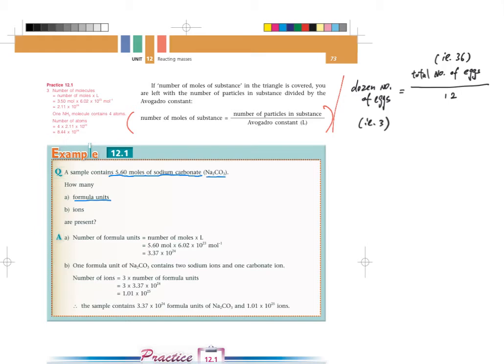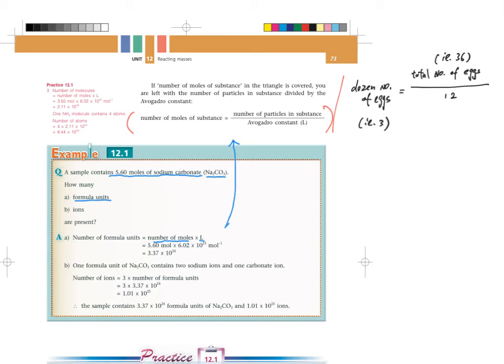And for the number of formula units, you just use the previous equation, or the equation above. You do some conversion, and then you can find the total number of particles or units in sodium carbonate. Then we just use total number of moles times the Avogadro constant, and the total number of moles is given.